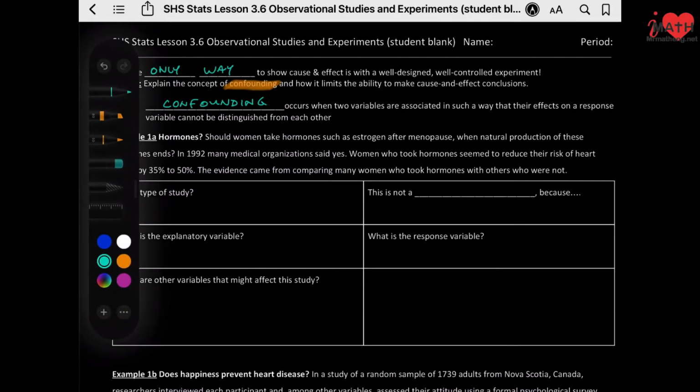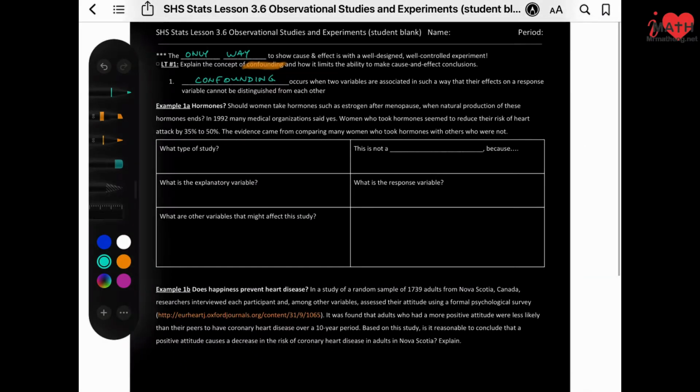Okay, what type of study is this? Question, did researchers do anything? It could sound like the researchers were saying one group take hormones, one group don't take hormones, but it doesn't say that, right? So this would be an observational study.